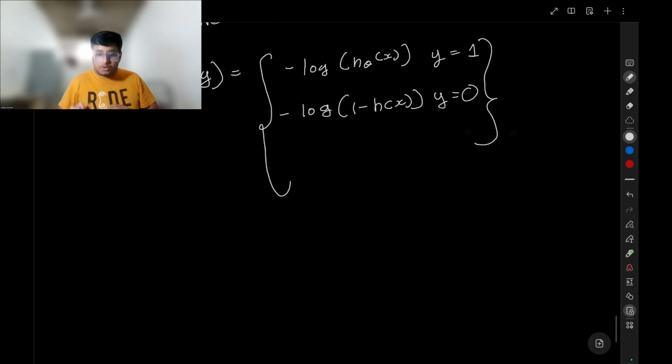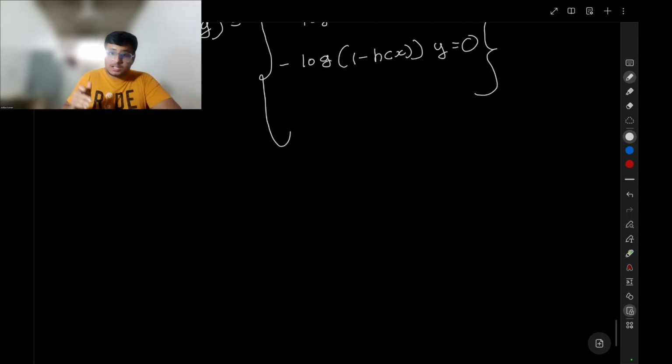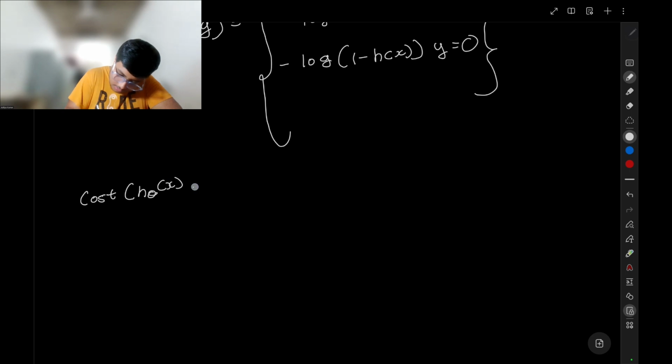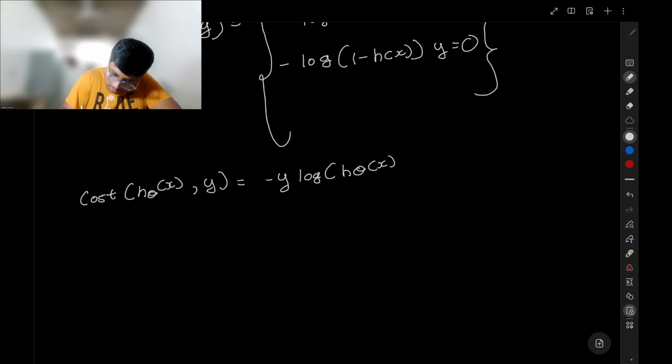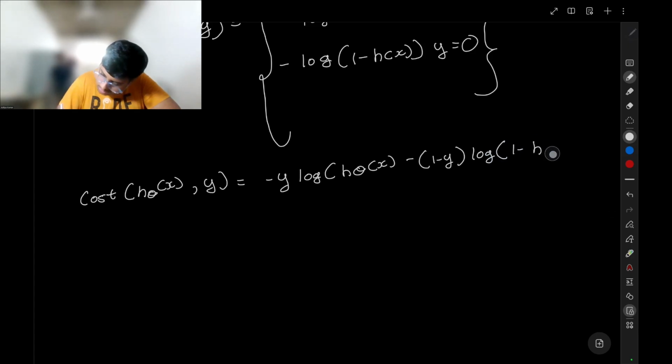So let's write this in the form of an equation. Cost of h theta of x comma y equals minus y log of h theta of x minus (1 minus y) log of 1 minus h theta of x.